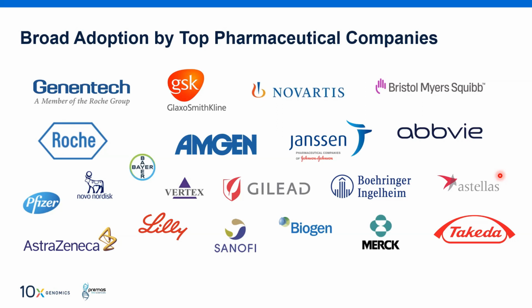The Roche is like, even though they don't have these technologies, but they adopt the technologies which are upcoming and have bigger promise in the pharma domain, and push their R&D in those directions. Similarly, AstraZeneca is there, Sanofi is there, Lilly is there, Merck is there, Takeda, Biogen, Boehringer Ingelheim is there, and the Novo Nordisk. So all those big pharma companies have already invested in these methods to generate the clinical data from their trials.